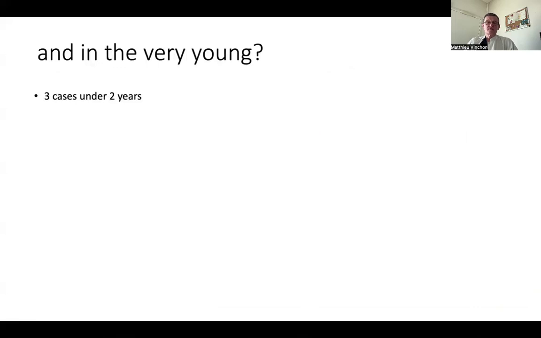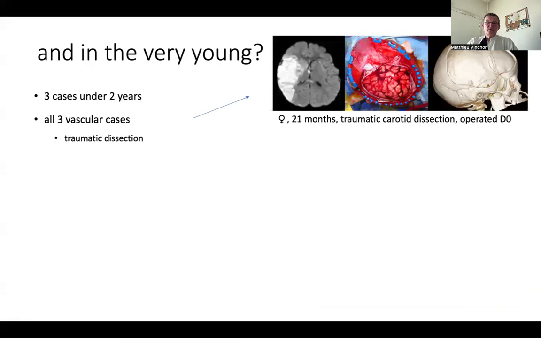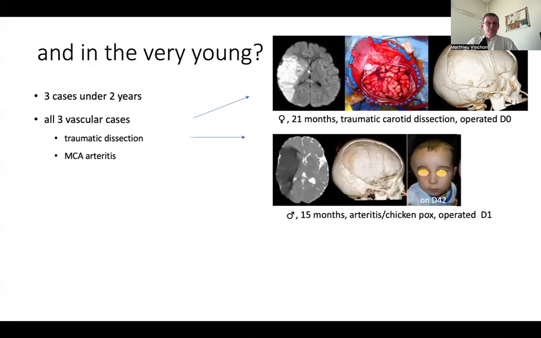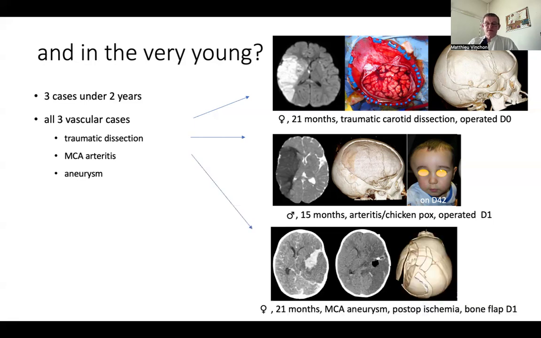So what happens in the very young children? We had 3 cases under 2 years. All 3 were vascular cases. This is a girl, 21 months, who had a carotid artery dissection, which was operated on day 0. This is another case with an arteritis due to chickenpox, which was operated on D1, and another vascular case, which was an MCA aneurysm, which had a postoperative ischemia and required a bone flap on day 1 of his first surgery.